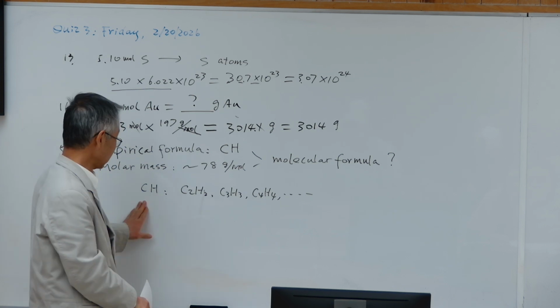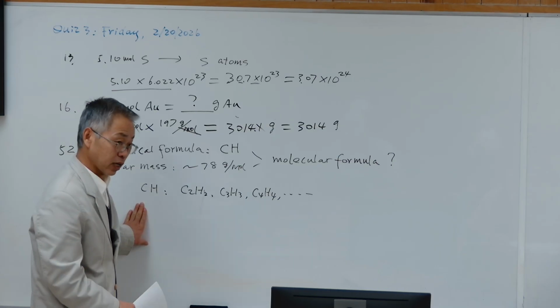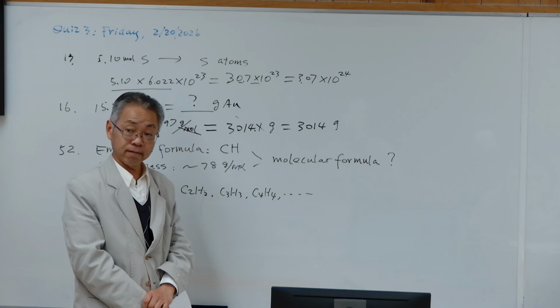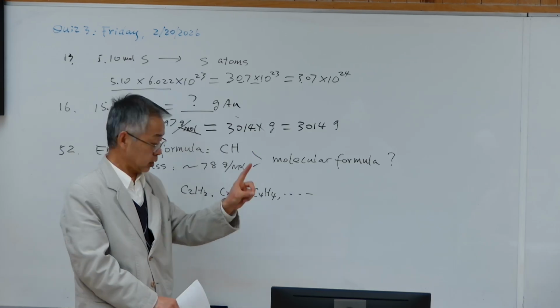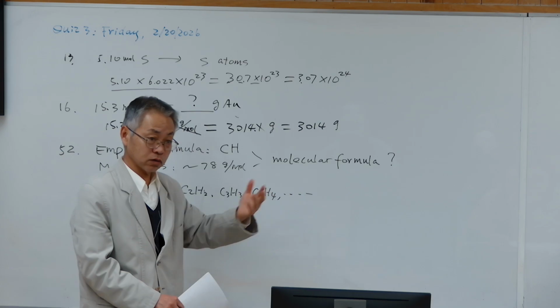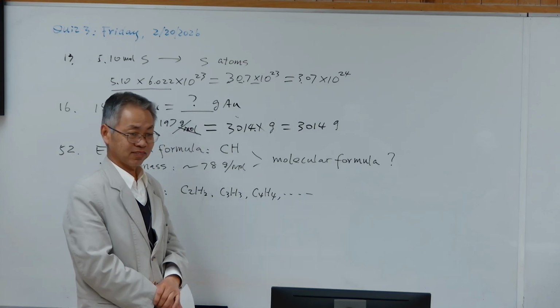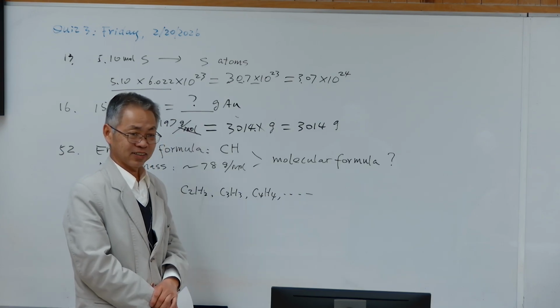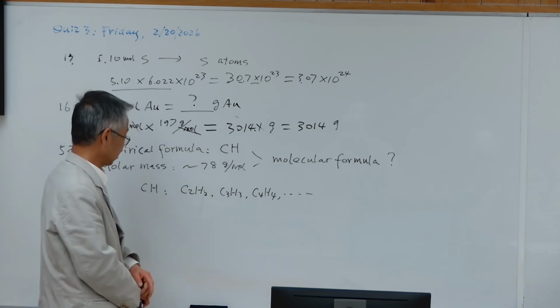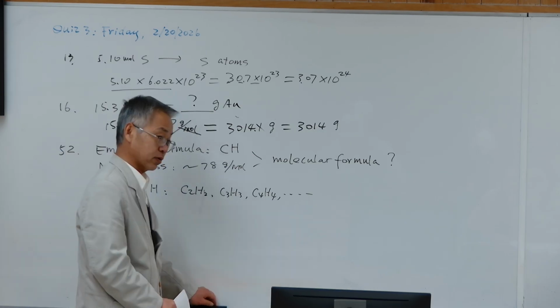If the empirical formula is CH, then the molecular formula could be any of these. Can you understand it? Our job is to find whether the actual number is 2 or 3 or 4 or 5 or even 1. Then how do we find this number?